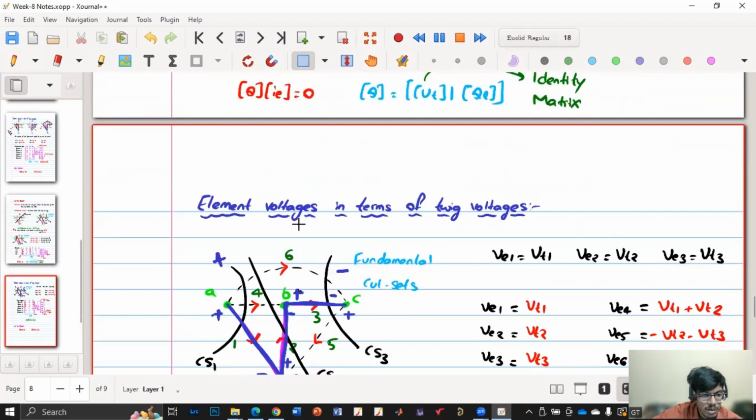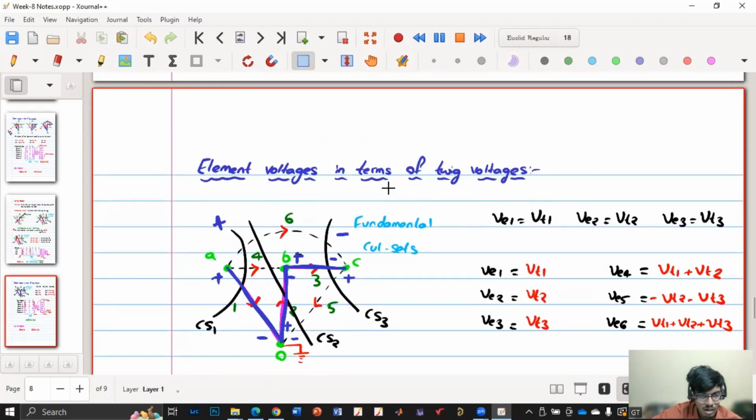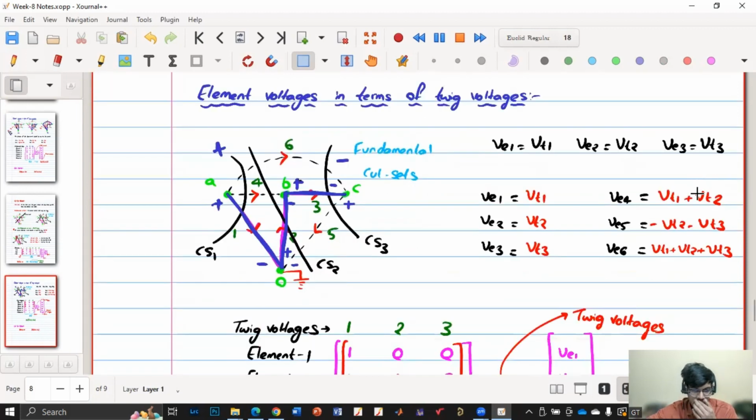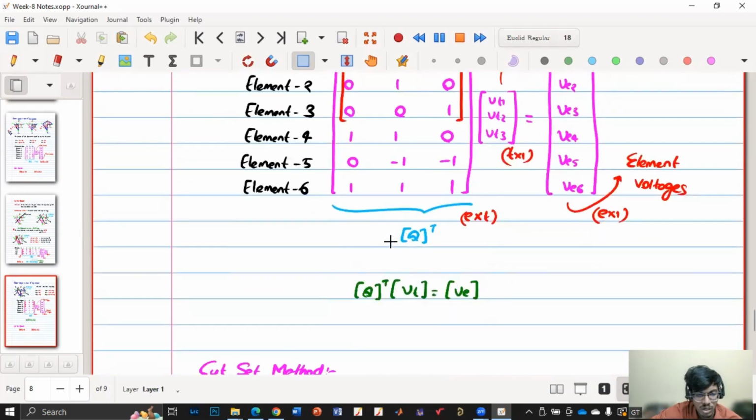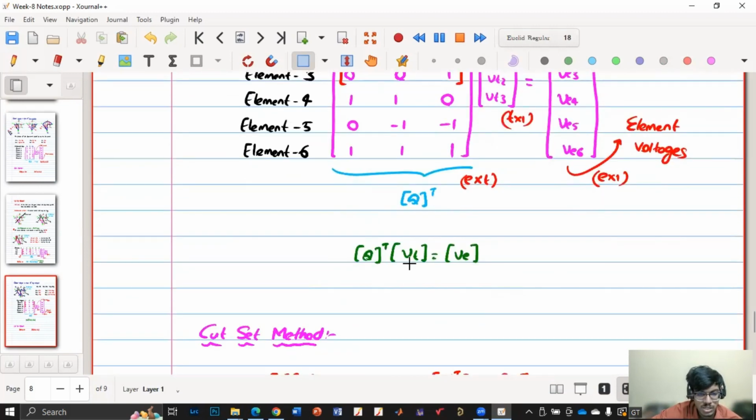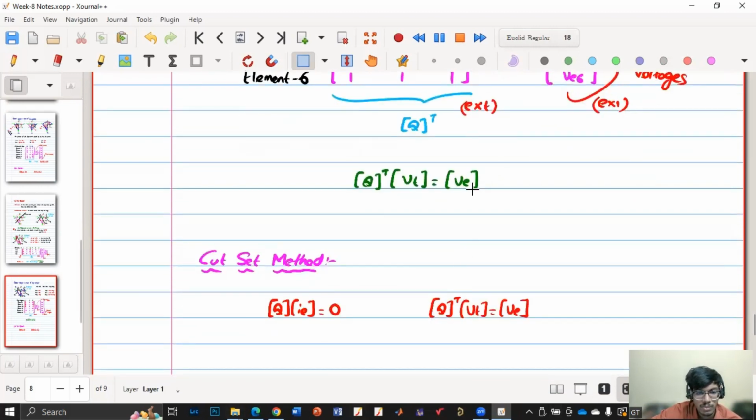Then we are writing element voltages in terms of twig voltages. In the case of nodal analysis, we did for node voltages because it is nodal. Here it is cut set, and it is dependent on twig voltages. So we have assumed the twig voltages and written other element voltages in terms of these twig voltages, and we got another equation Q transpose into twig voltage is equal to element voltages.